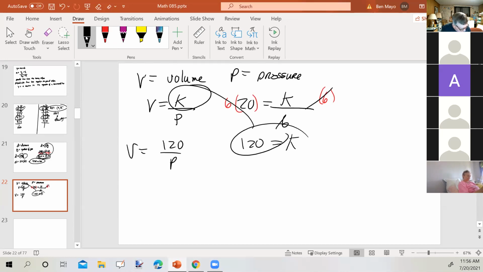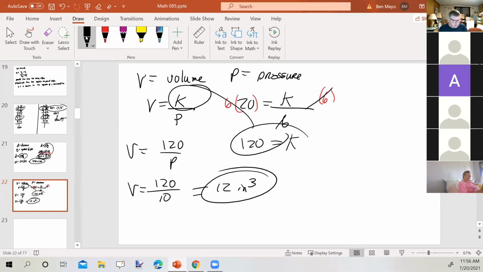Find the volume when the gas is subjected to a pressure of 10 pounds per square inch. So find V when P is 10, which becomes 12 cubic inches. This is just like when we did earlier from WebAssign, earlier today. We all right with that? Yes. Okay.